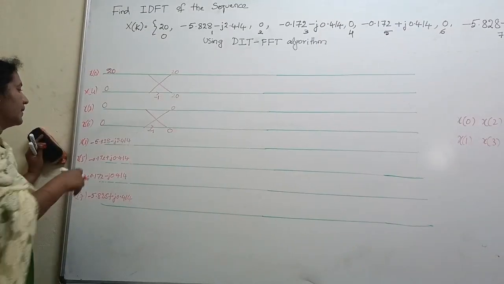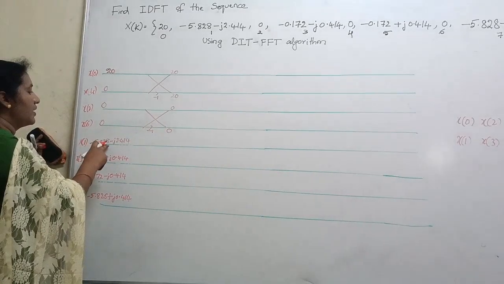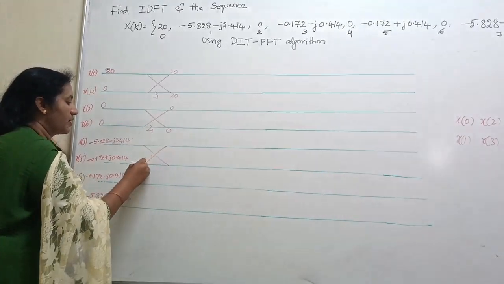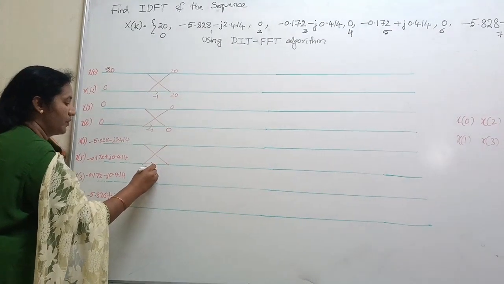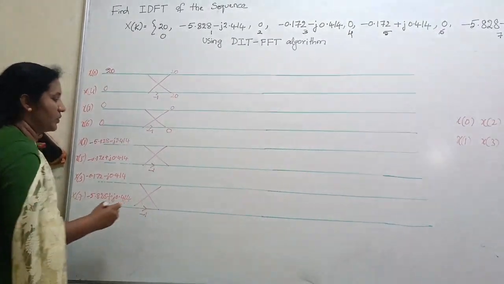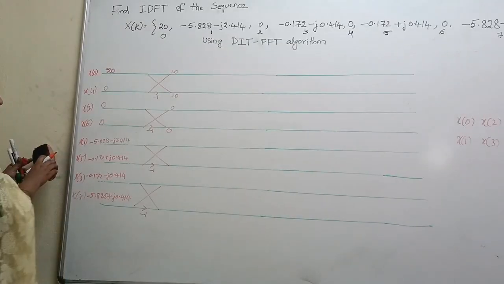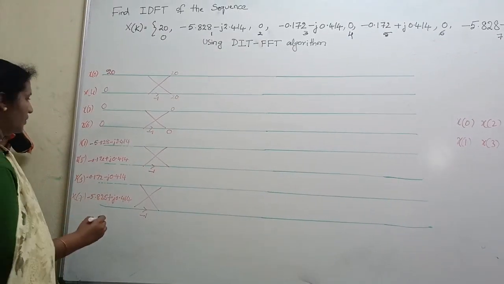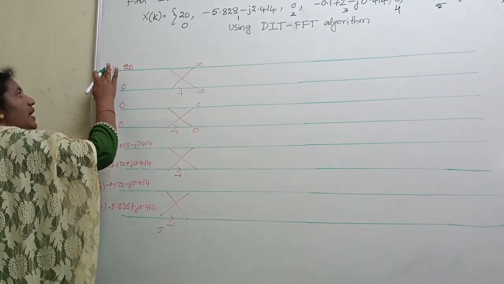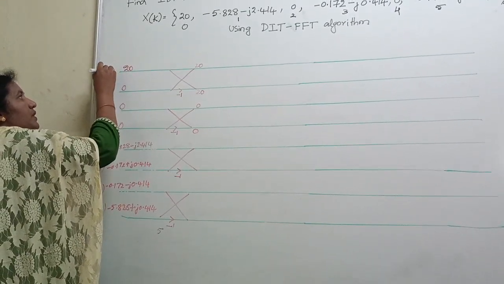Now let us see here. Minus 5.828 minus j. So this twiddle factor is multiplying with minus 1 and here minus 1. So shall we solve this here now? Inverse discrete Fourier transform, hence the x value should be a capital X of 0.